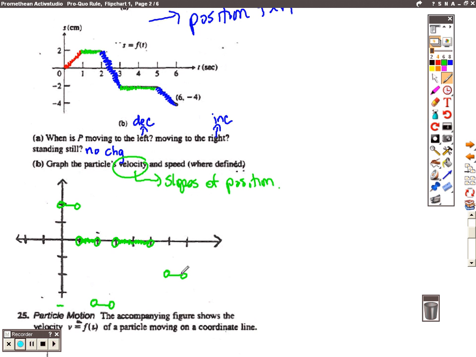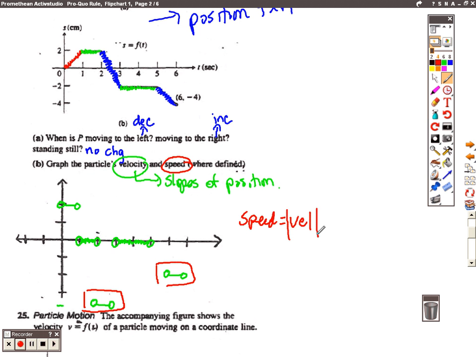Now the next thing that it asks us to do is to graph the speed. What you see currently is the velocity graph. The speed graph would take these two segments that are negative. Remember, over and over again, speed is the absolute value of velocity. So it's simply going to take those two segments and flip them above the x-axis.